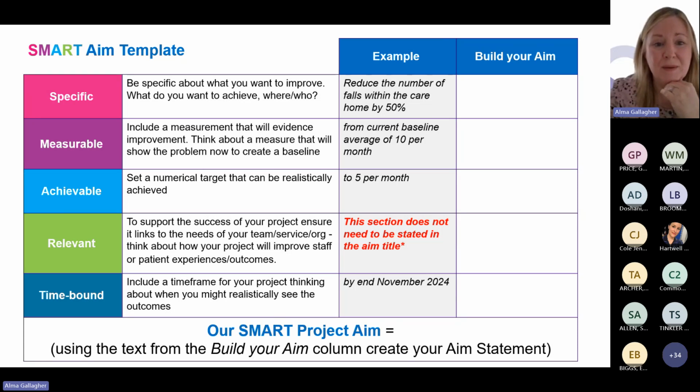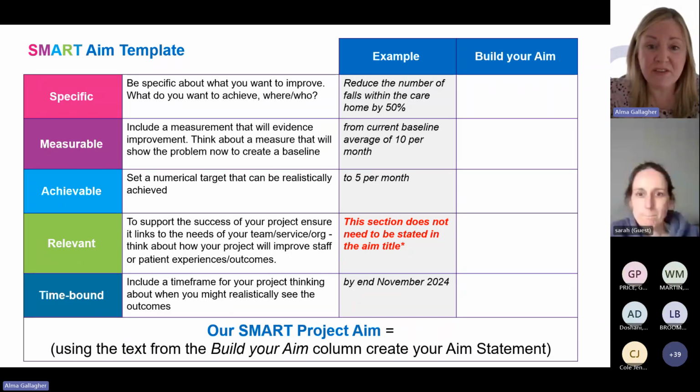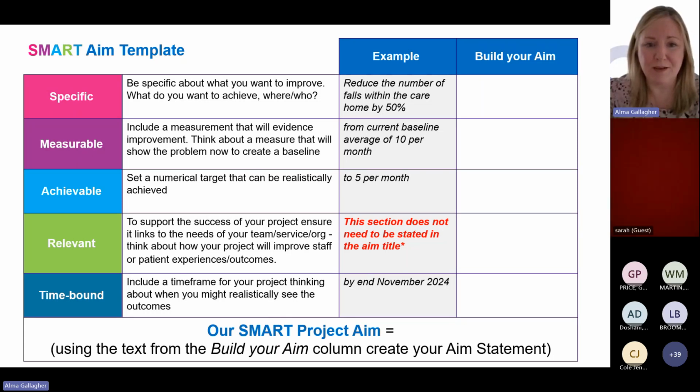Include then the time frame, being really realistic. Is this something that is going to be achieved within 3 months, 6 months, or 9 months, or in fact 2 years may be your aim. If you use this template, which will be shared in the slide deck, it will help you to build your aim statement.